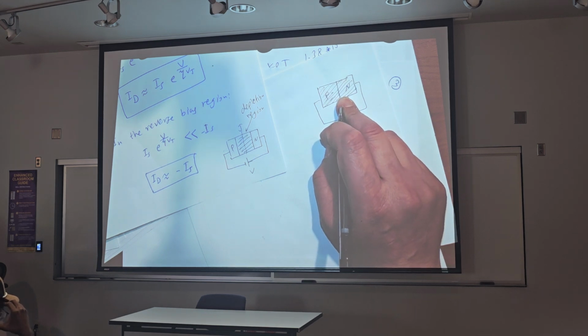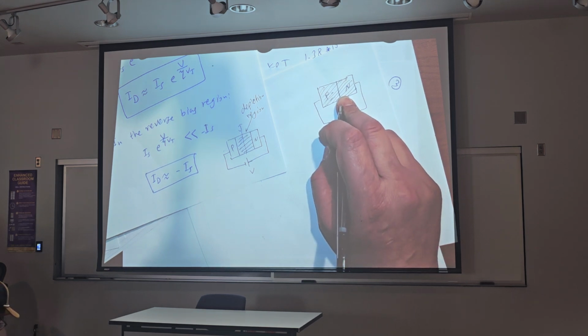So there is a high current, because we reach breakdown.